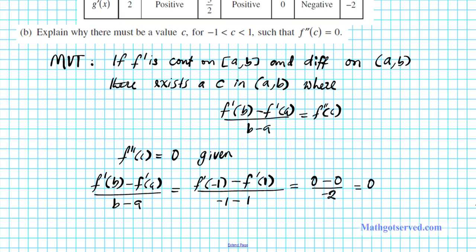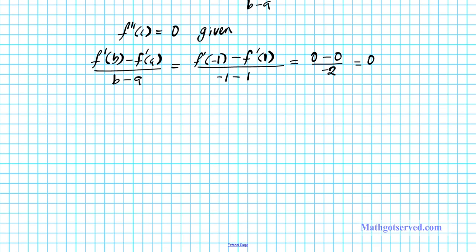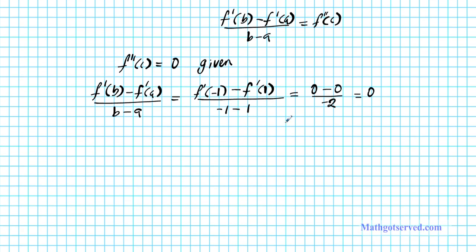Okay? So since this function is continuous on that interval and differentiable on that interval, there exists some c in that interval where the instantaneous rate of change, f double prime of c, is equal to 0. So let's write this down. Since f prime is continuous on the closed interval -1 to 1 and differentiable, we're told in the problem all these facts.